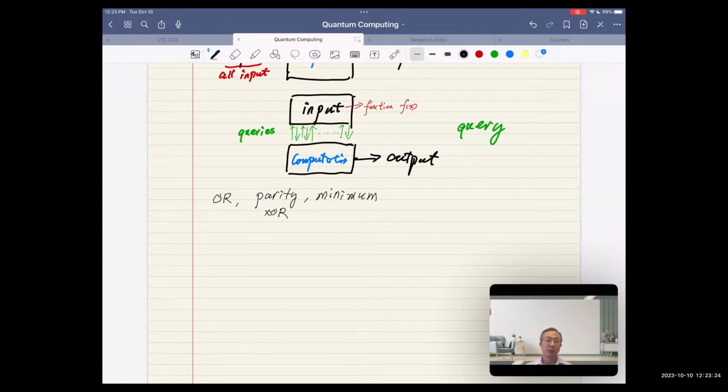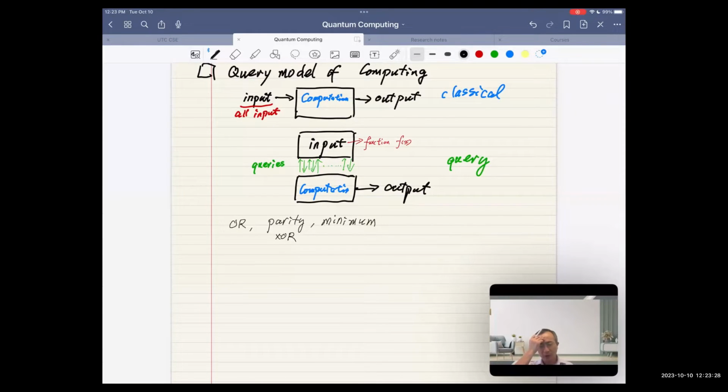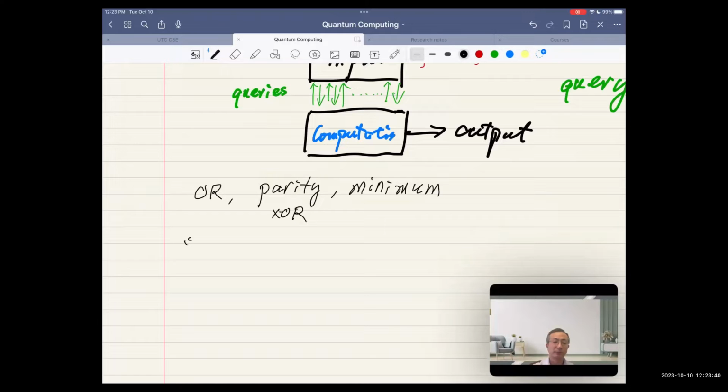For this toy quantum algorithm to work, we are also going to simplify the problem into a so-called promise problem. Just for simplicity, this is almost like when we prove a theorem, we give a lot of assumptions.